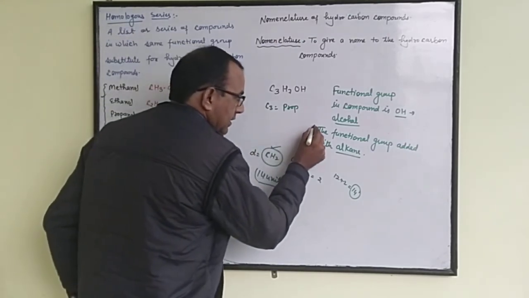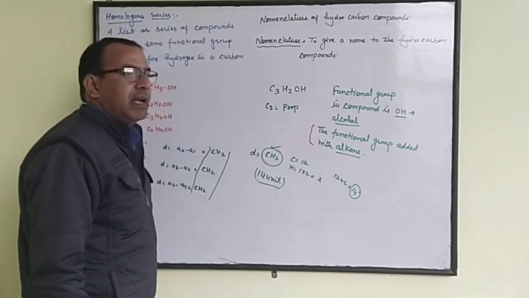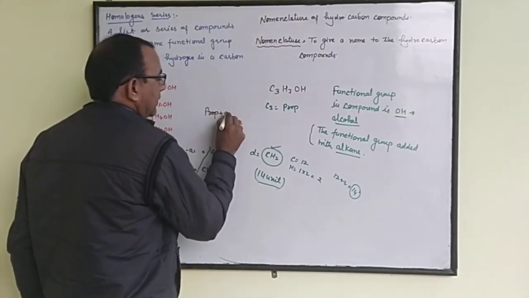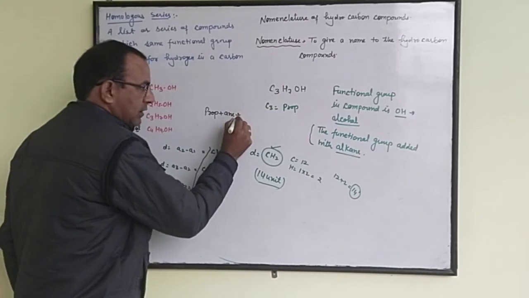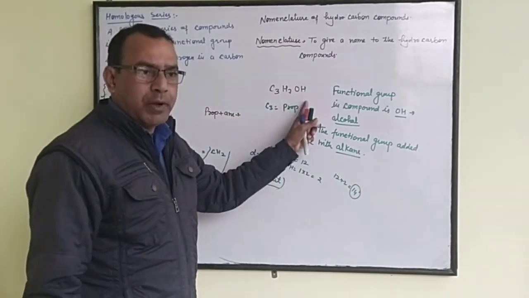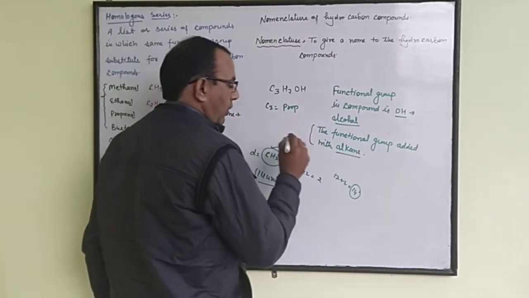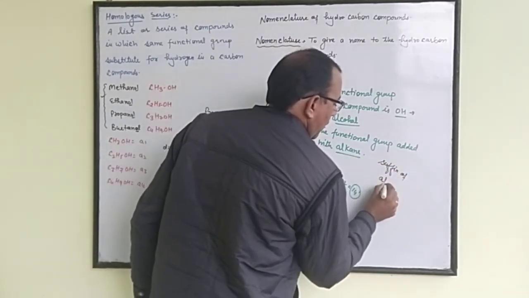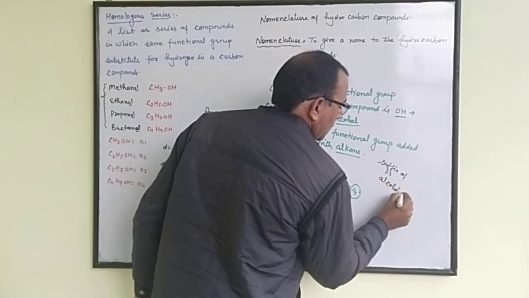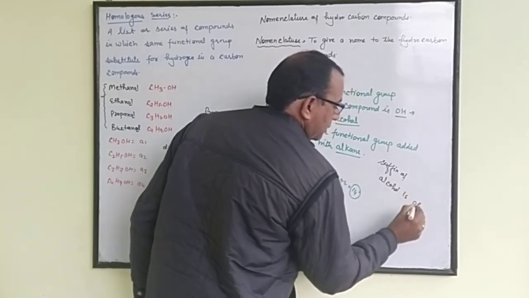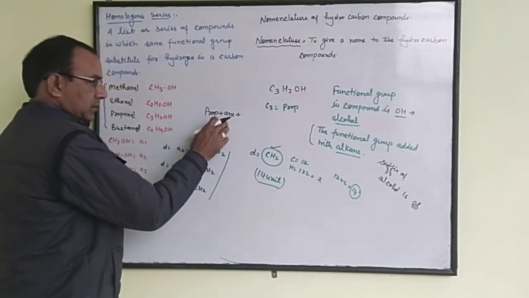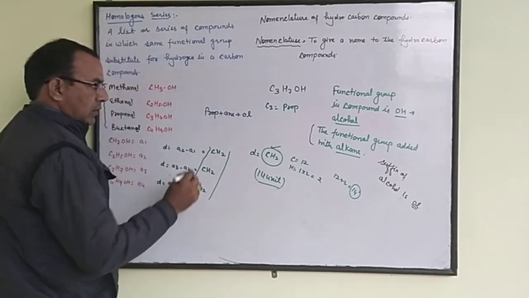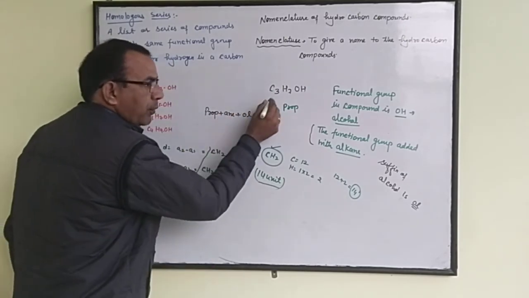And we have already discussed that the functional group is always added with the alkane, so this is prop plus ane. And it contains the functional group alcohol. The suffix of alcohol is ol. So we can write it as prop plus ane plus ol.